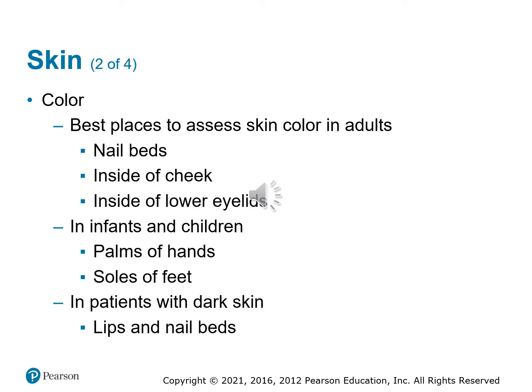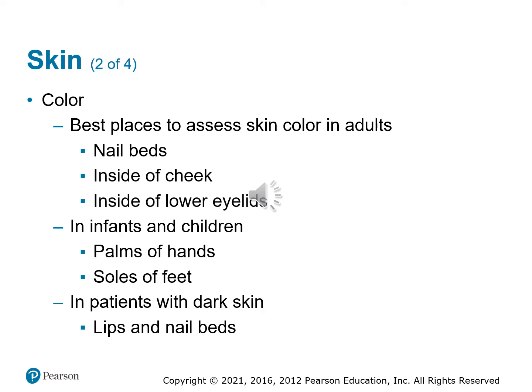So where's the best place to assess the skin? You don't just look at their face or their hands or wherever, because you might see some abnormalities that aren't indicative of what is truly going on. You want to look someplace like your nail beds. If you look at your nail beds right now, they should be very pink. That's the normal color you want to see. Another good place to look is the inside of the cheek, or if you pull the lower eyelid away from the eye, you'll be able to get a good visual of what the color should look like there.